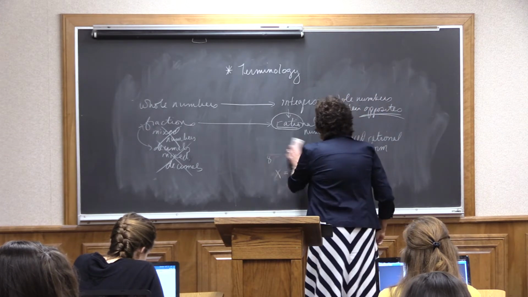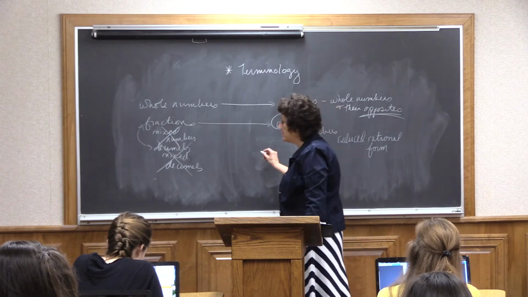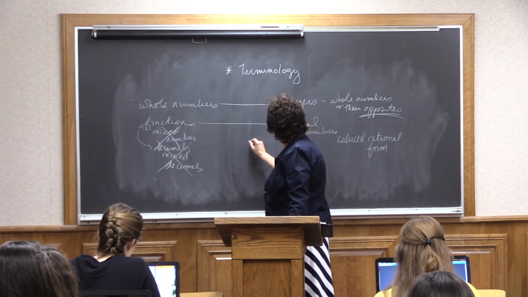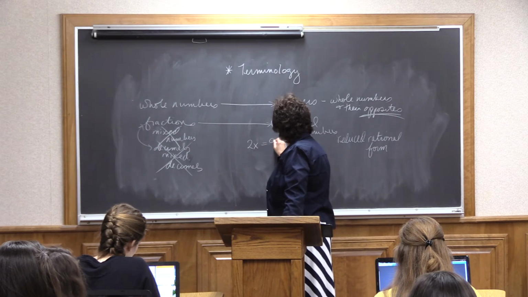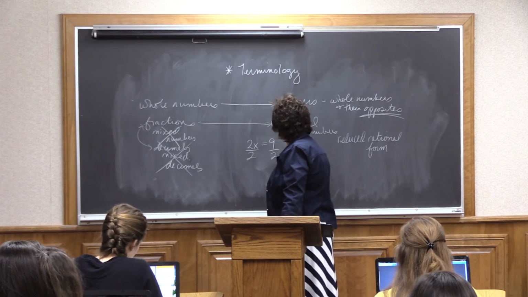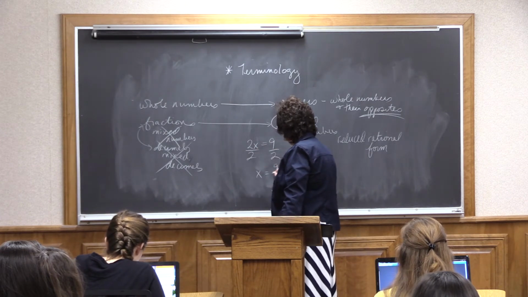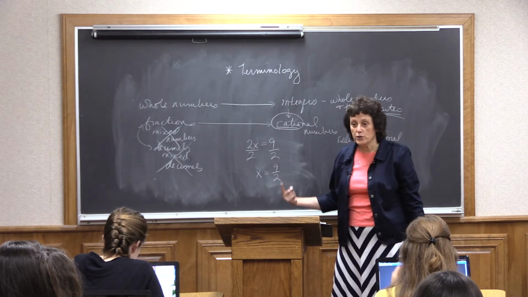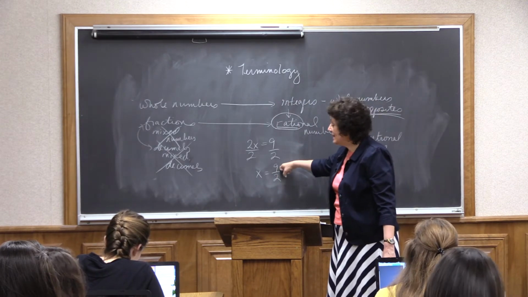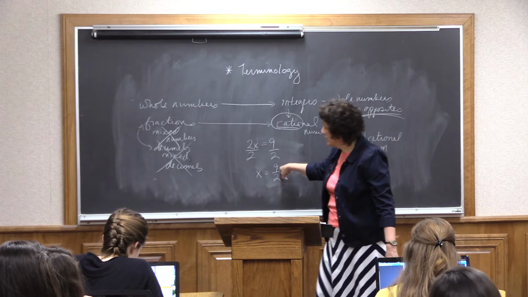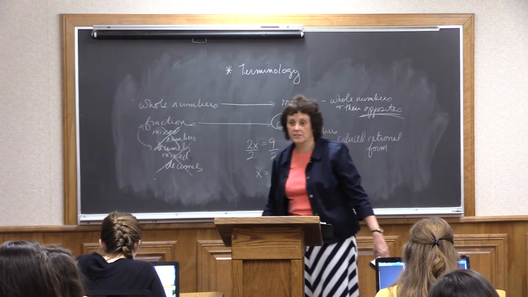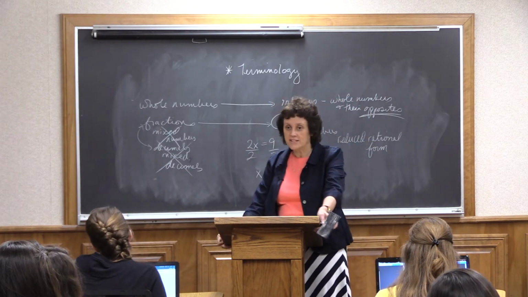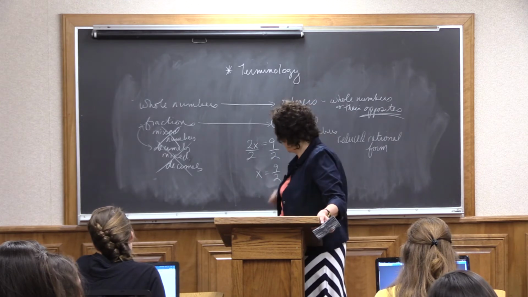If I have another one, I might have something like 2x equals 9. What is the answer? The answer is 9/2. It is put in reduced rational form. It is a ratio. We don't go to mixed numbers. You say, why not? You're being picky. Well, that's not how algebra is done. So where do I start with that?